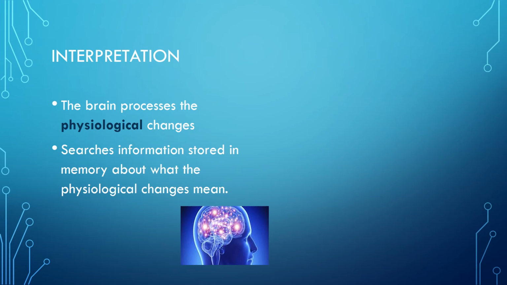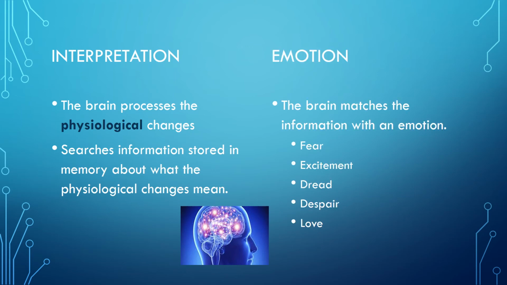And what it will do is look for the pattern of changes, compare it to the information that's stored in your memory, so it can come up with some conclusion about what those physiological changes actually mean. And that then gives you the emotion. All right, the brain matches the information, comes up with an emotion, could be fear, excitement, dread, despair, love. All right, whatever emotion you have stored in your memory.